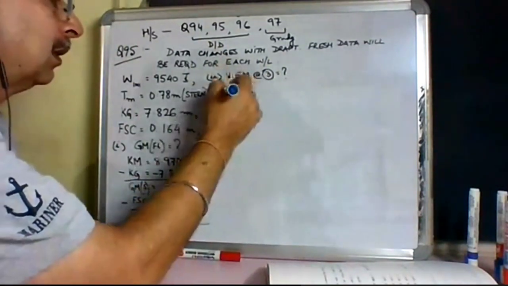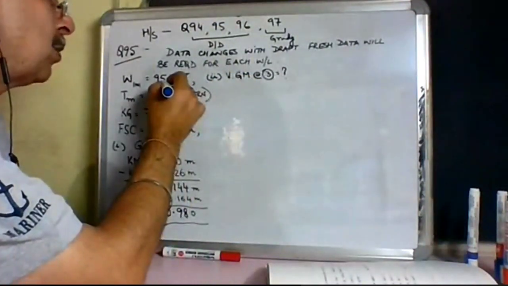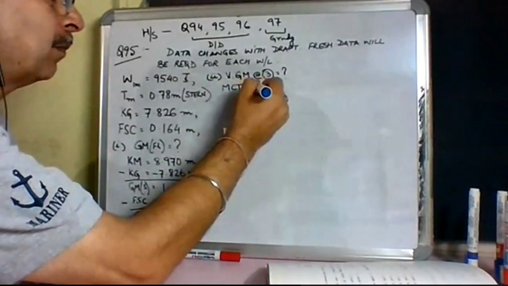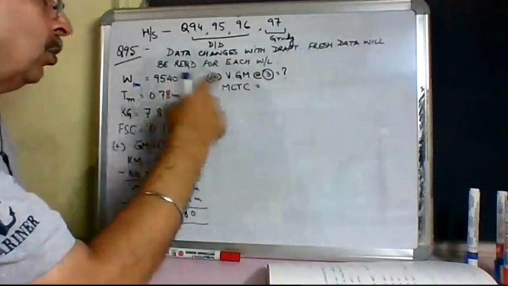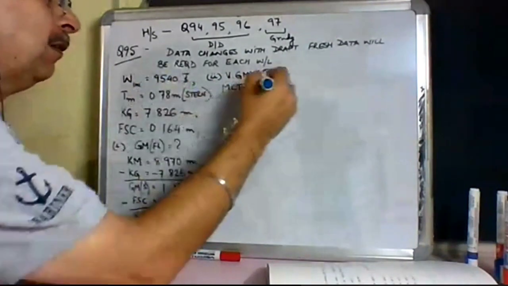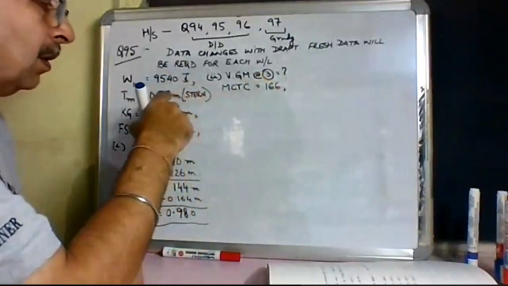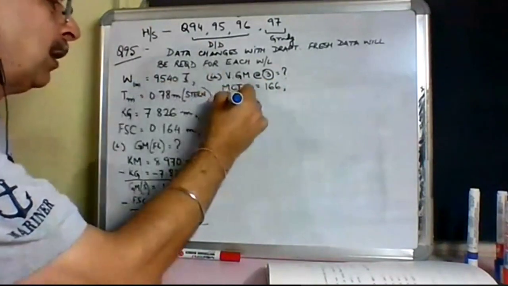So therefore, I need the data for 3. For the displacement 9540, I need MCTC for 9540. So MCTC comes as 166. Then I need the LCF for this displacement.